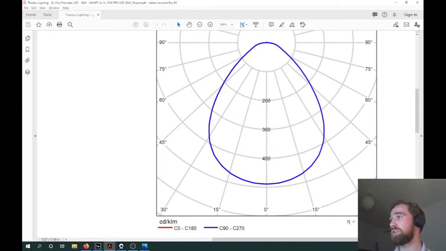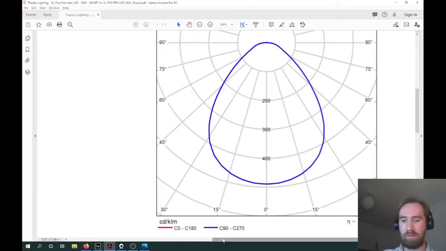And then in the polar diagram underneath, each of those rings represents a number of candela per 1000. So for example, on this light fitting, directly under, at 0 degrees, we would have approximately 480, maybe 490 candela per 1000 lumens.